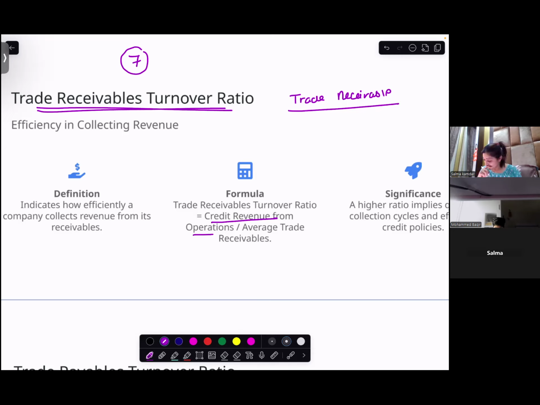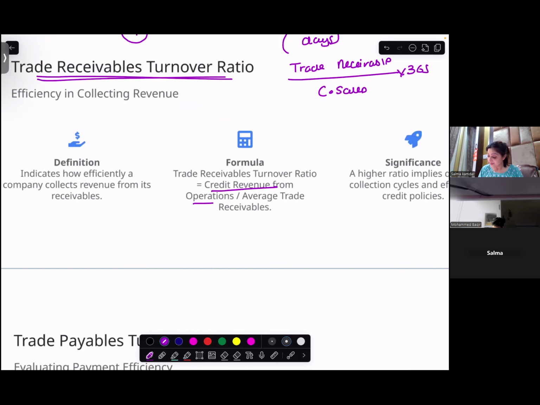Listen to me. If you have trade receivable over credit sales into 365, this is going to be 365, the days in which you are going to collect the money from your trade receivables. These trade receivables would be your average trade receivables.